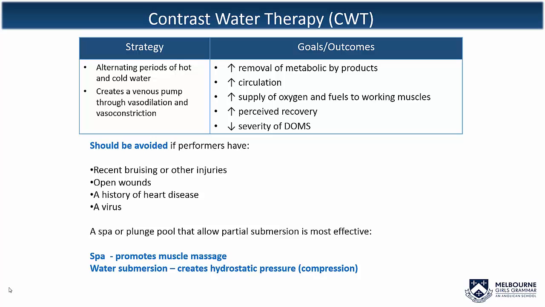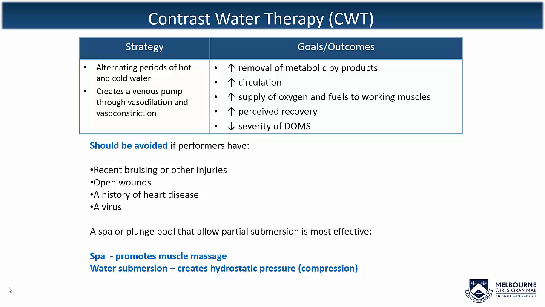Now, because your vessels are dilating and constricting, this is called a venous pump. So it is different from a muscle pump, although you're getting the same thing out of it at the end. But a muscle pump is where the muscles are contracting and they are pushing on the vessels, whereas a venous pump is the vessels actually decreasing in diameter and then increasing.